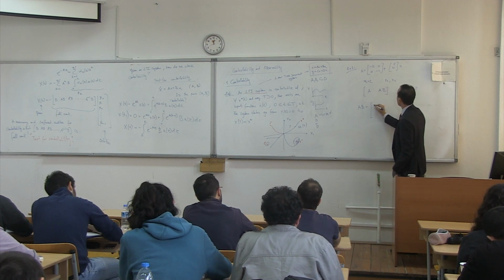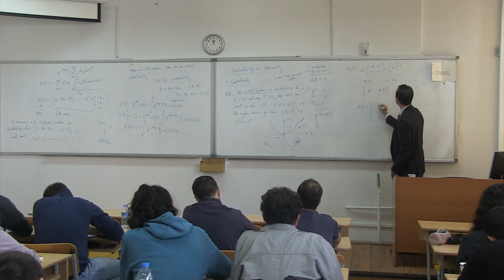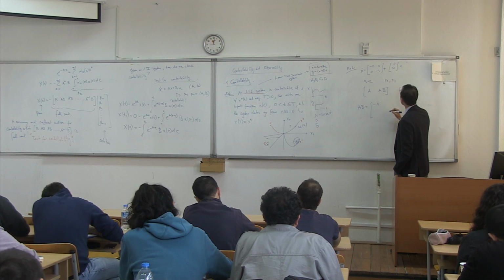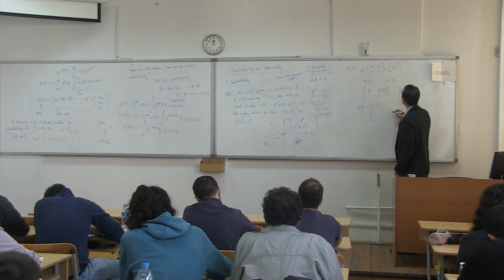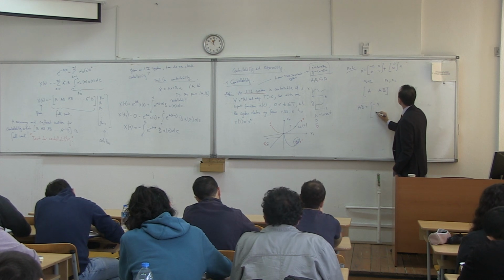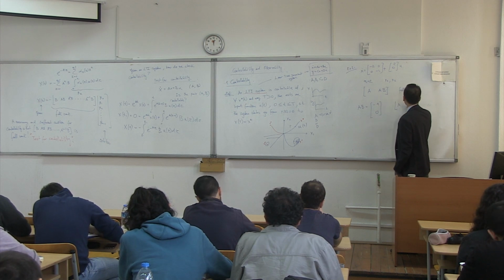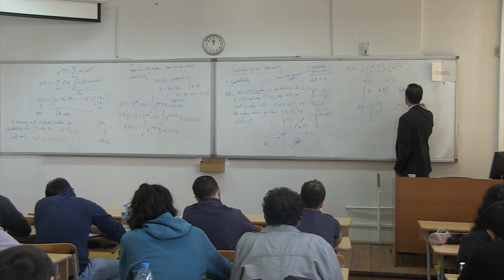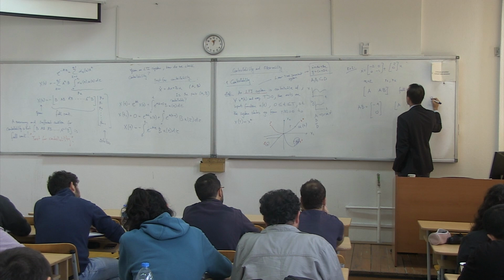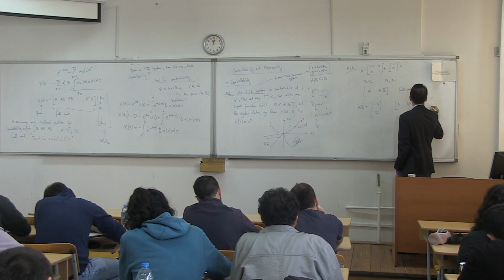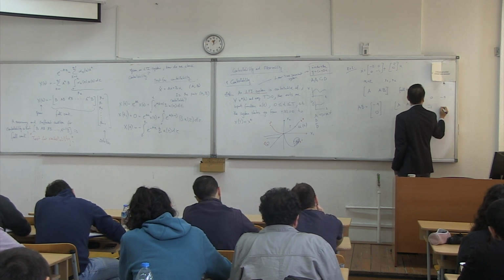First find AB: minus 4, is that right? Yes. And 0, I believe. 0. So, AB is equal to A, which is minus 2, 0, 0, minus 1, times B, which gives minus 4, 0.